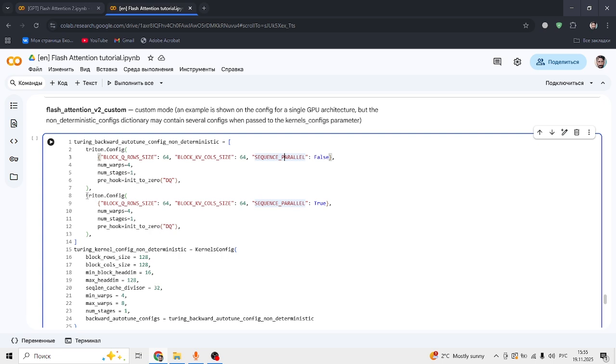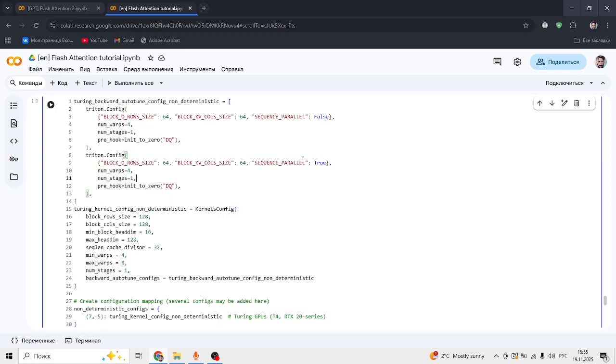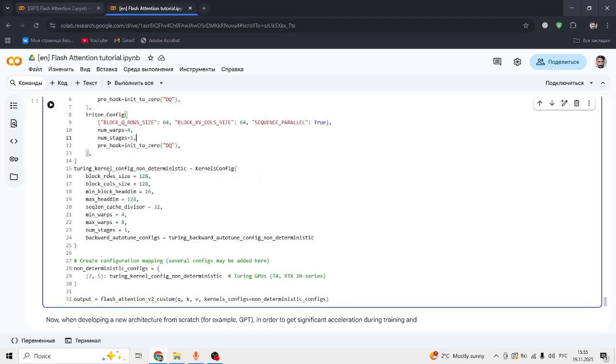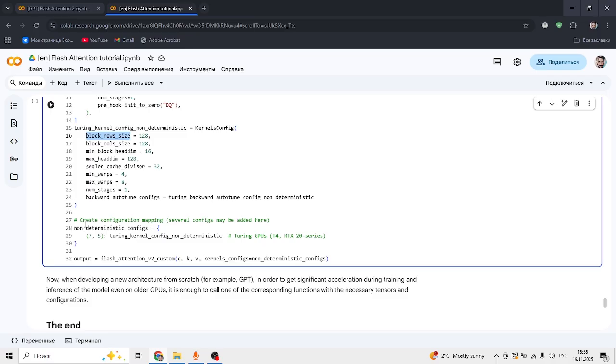But here below, we use this mode. So that's why this is called non-deterministic, because we use two settings, and one of them is non-deterministic. So here, as I said before, we can write block sizes, min warps, max warps, num stages, and other things. Then this is added in a dictionary where the key is the compute capability of GPU.